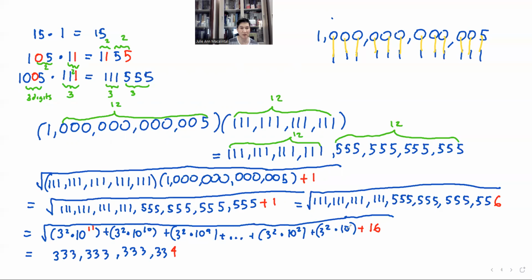Square root of this one. Sorry, let me change the color again back to blue. Squared. Since it's a perfect square, my final answer will be 3, 3, 3, 3, 3, 3, 3, 3, 3, 3, 3, 4.